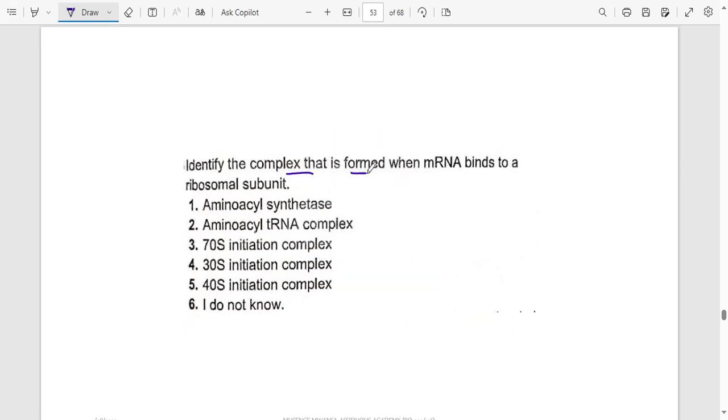Identify the complex that is formed when mRNA binds to a ribosome. When mRNA binds to the ribosome, what complex is formed? Okay. Amino acid tRNA complex. That is when mRNA binds to the ribosome. You are sure? Here is your mRNA.